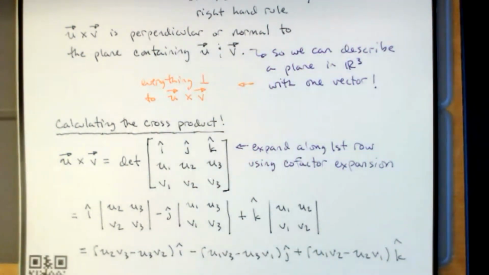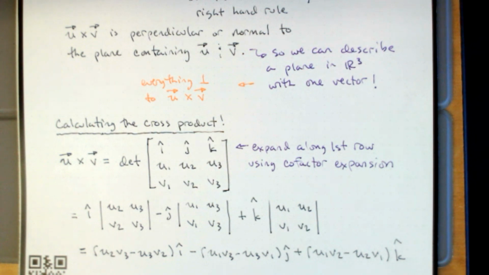Notice that the coefficient of i in the cross product only involves u2, u3, v3, and v2. Also notice it's always a u and a v, and the subscripts never match. So there's no u1 and v1. I get u2 and v3, u3 and v2. So the subscripts never match.